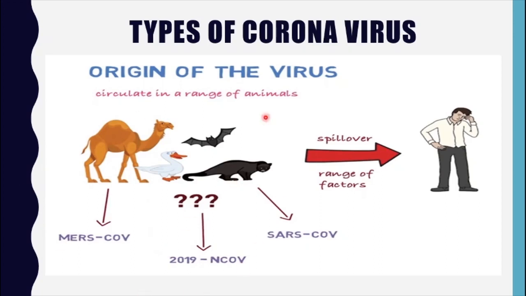And when these viruses are transmitted to humans, it is called a spillover, due to factors such as mutation. Mutation is a change in the DNA strand that can cause a disability or any other infection. So that is a mutation.